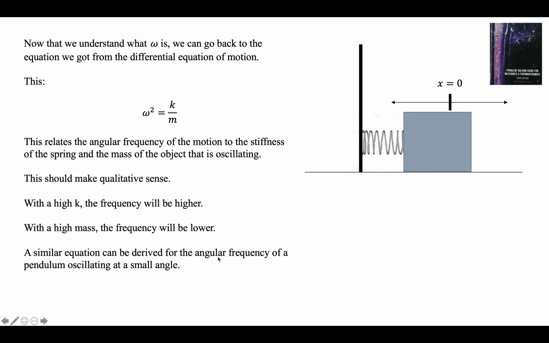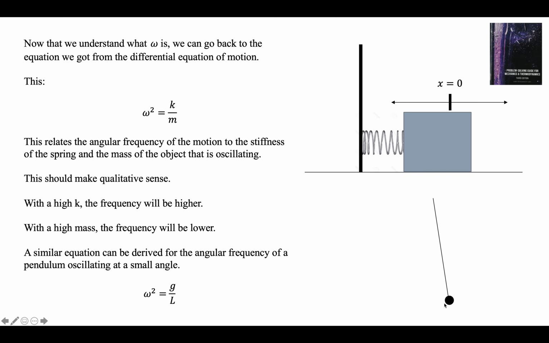A similar equation can be derived for the angular frequency of a pendulum oscillating at a small angle. So here's a pendulum that's going back and forth. What do you think the analogy is? Well, it's just, omega squared is g over L. The bigger the gravitational force, the higher the frequency. You can imagine doing this on Jupiter. It's going to be oscillating faster because Jupiter's pulling harder.